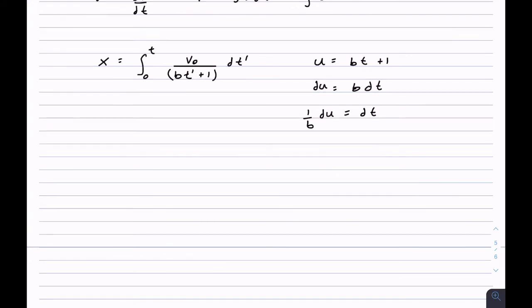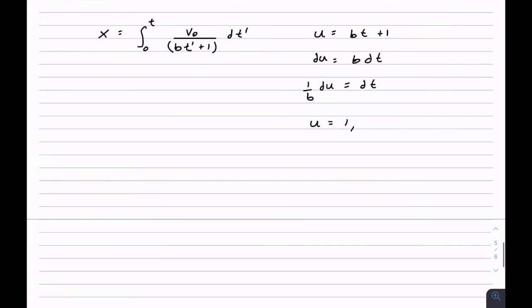And since we're integrating from 0 to t, u goes from 1 to bt plus 1. Hang on, that is right, because we're just inputting t as t prime. Really, I should have had all of these as primes. So this is what we're looking at.